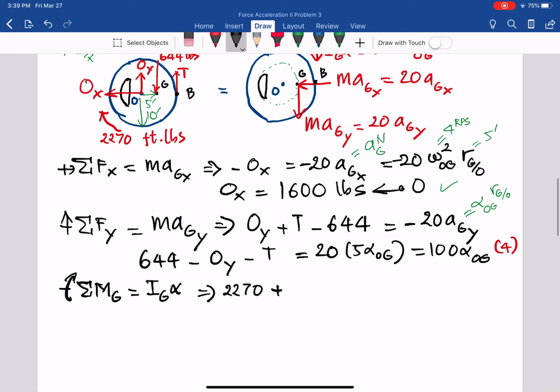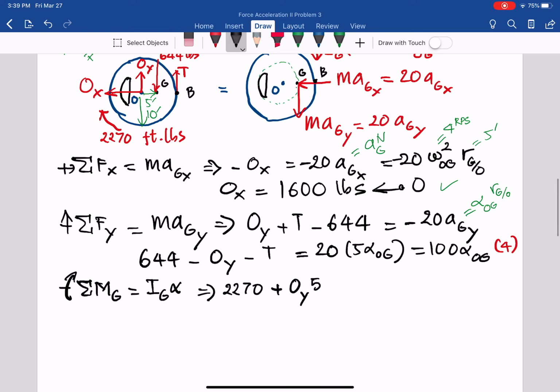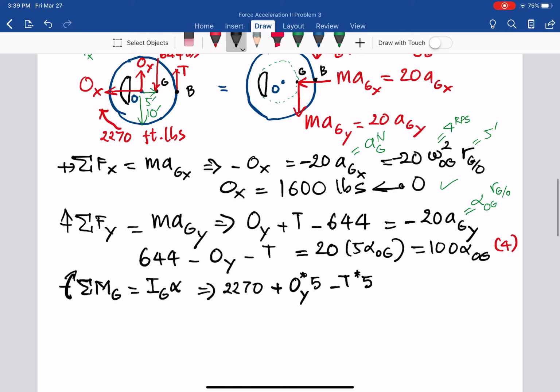and that is a little bit different from the PDF solution. OY times 5, and you can see that, times 5. And then you also have negative T times 5, sorry, because that is about G. So 5 feet, because about G, as you can see, and that is counterclockwise.